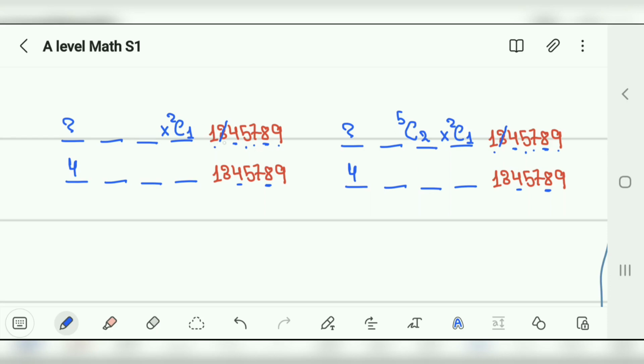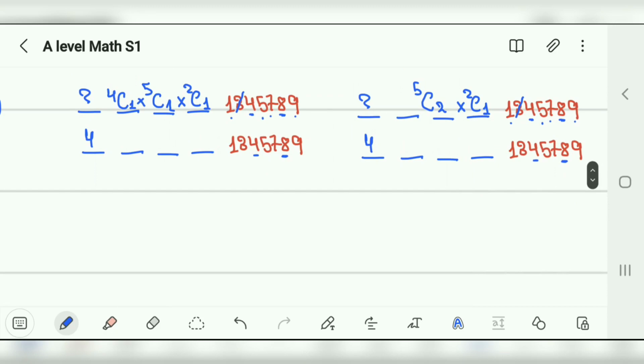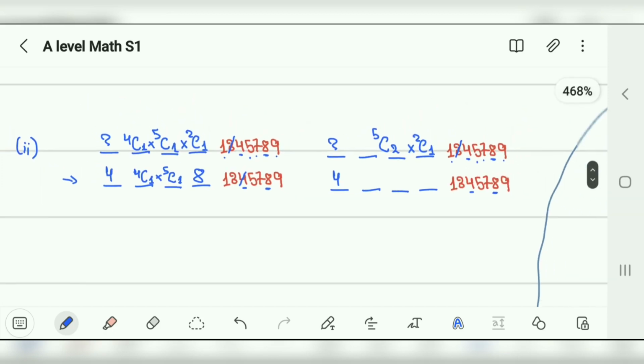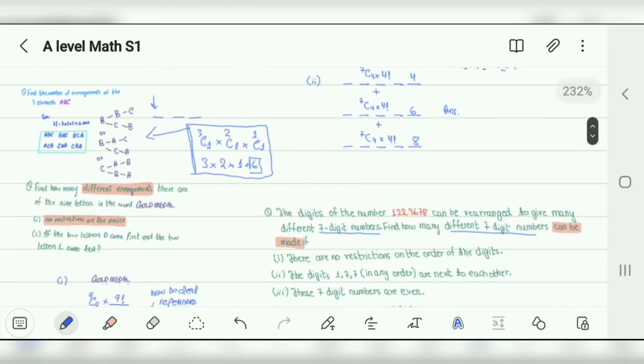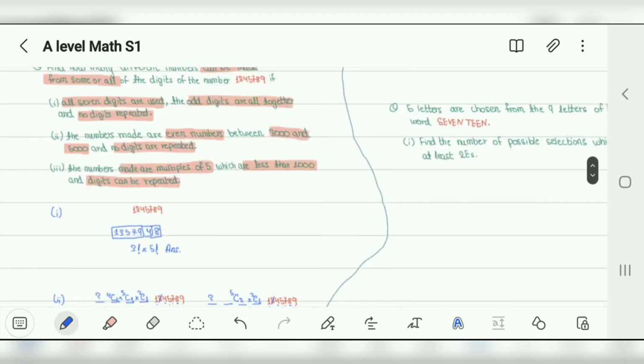Then we need to take 1 from the 2 remaining even numbers, 4 and 8, so 2C1, which means we have taken 1 out, so the remaining would be 5. Then we could write 5C1 and then multiply by 4C1, and the same thing for 4. We have already taken 4, we have to take 8 as an even number, the remaining would be 5C1 and then multiply by 4C1, just like we have talked about here.